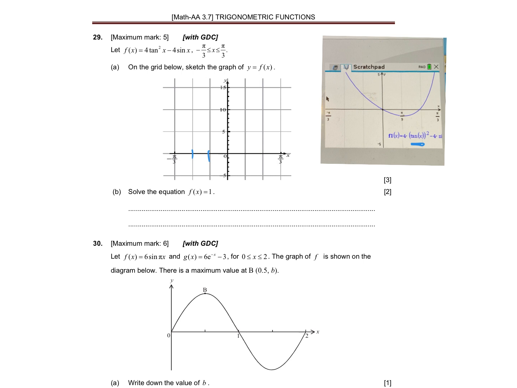So do graph trace and do pi over 3, which is going to be 8.54. So like here, and then you need negative pi over 3. Negative pi over 3. And that's at 15.5.